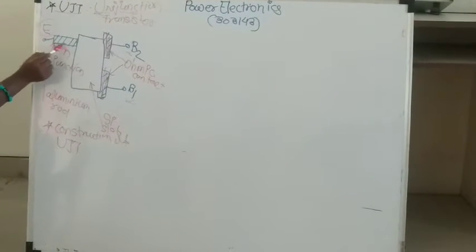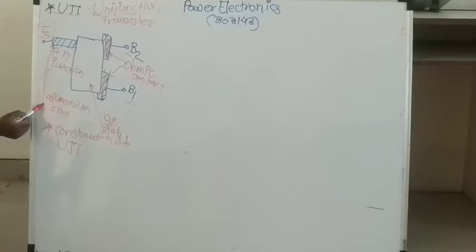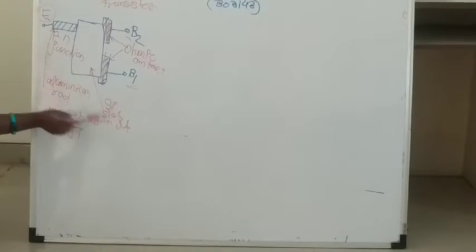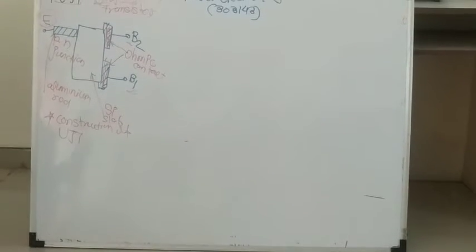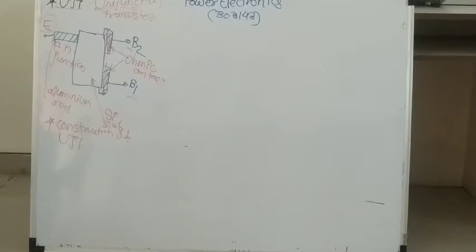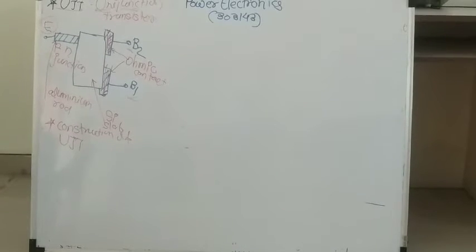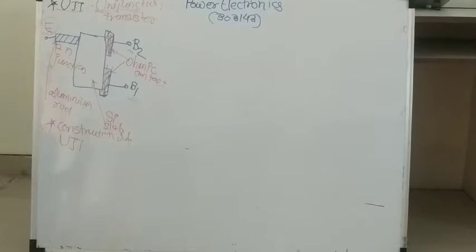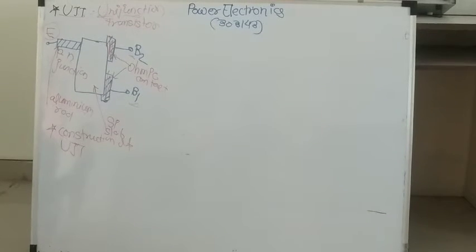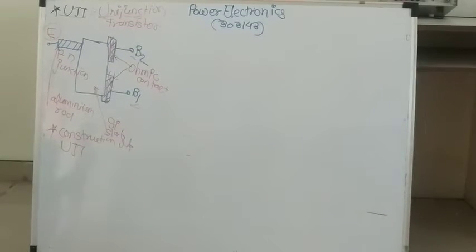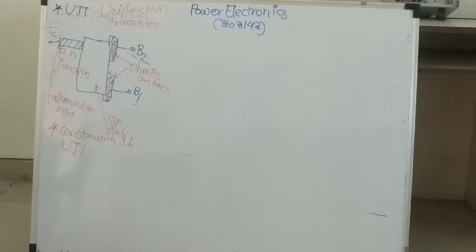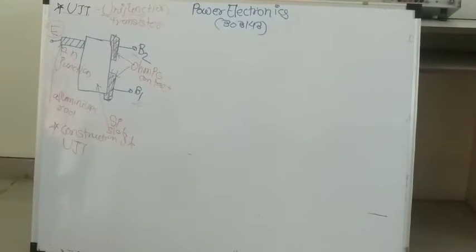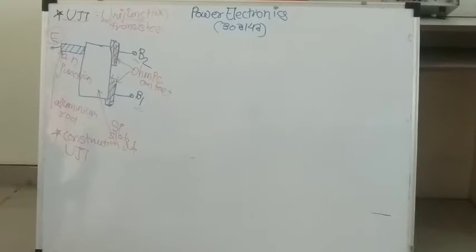Here this rod is an aluminium rod and this slab is a silicon slab. Hence here one diode or one junction is formed, called a PN junction, and we can say that a PN type of diode is present there. Now this is the construction diagram. Now I will draw the symbol for UJT.